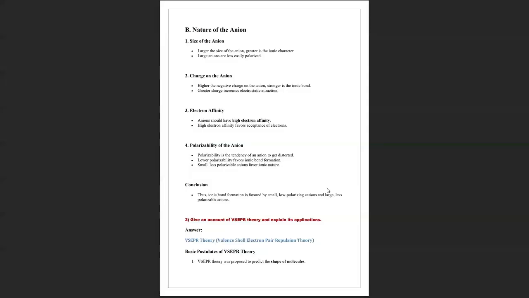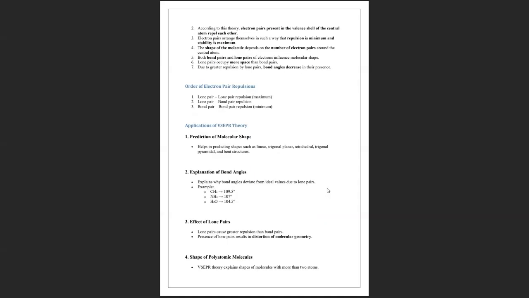And the next question is, give an account of VSEPR theory and explain its applications. This question is one of the most repeated 10 marks questions from this chapter, and it mostly tests the shape of molecules and reasoning ability.